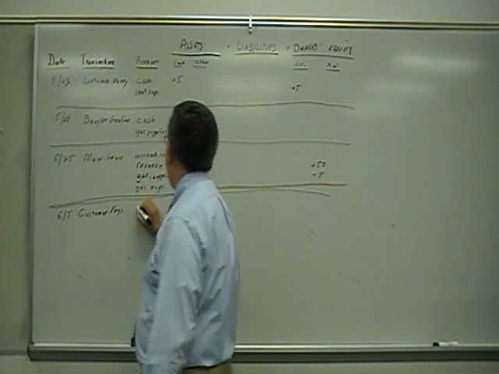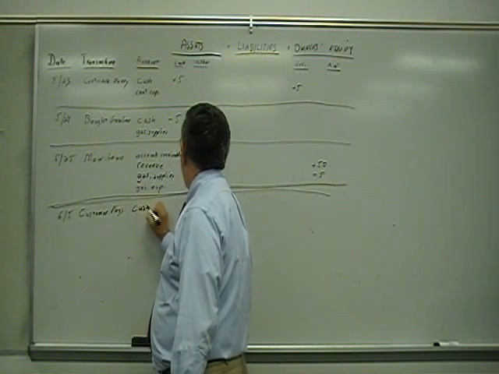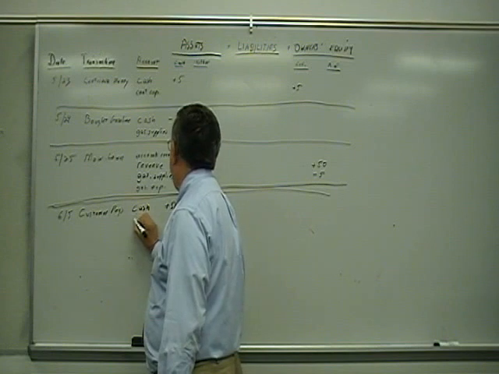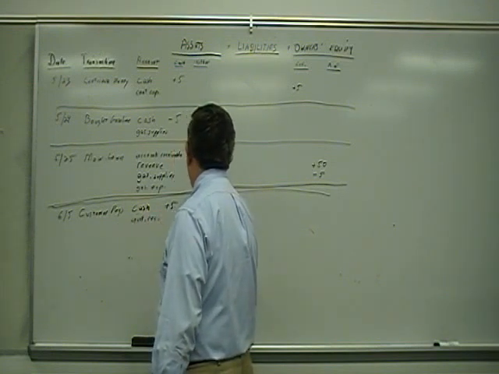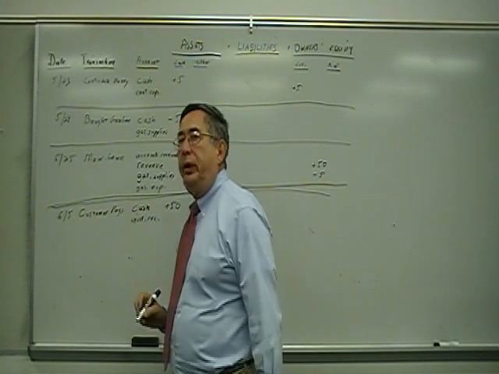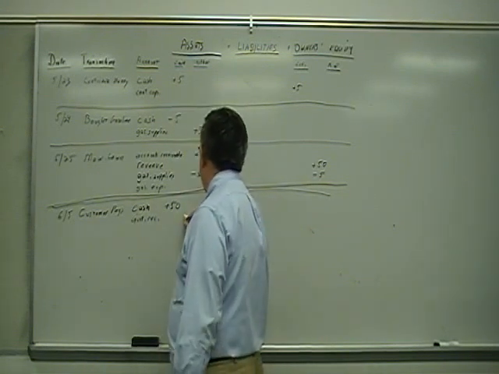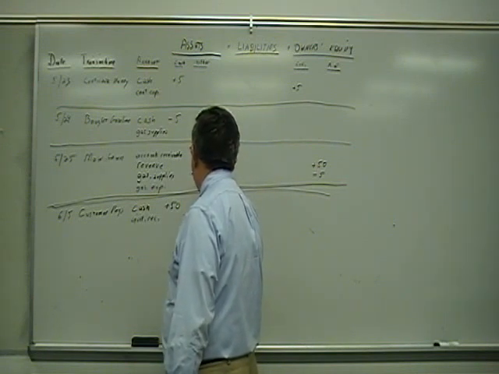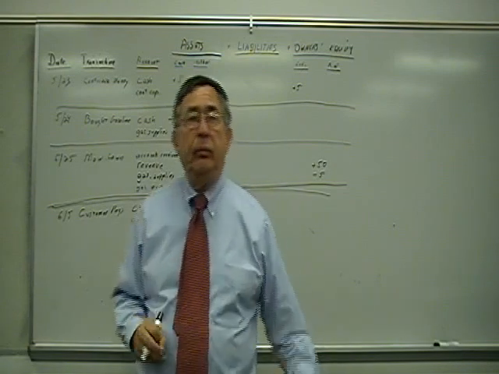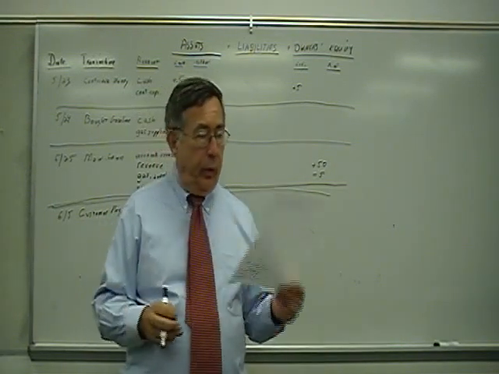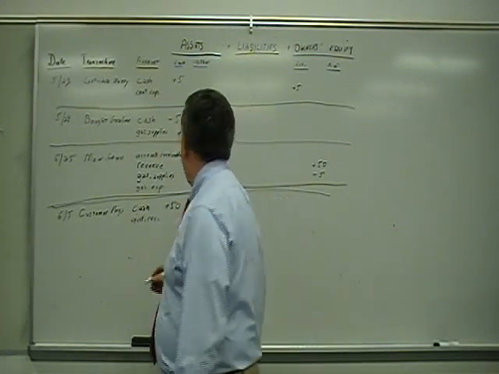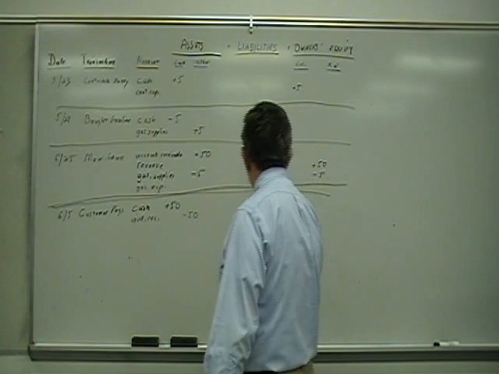So now we have cash increased by $50, and accounts receivable decreased by $50. And then, the next day we decide we hate mowing lawns, we want to go to the beach, and we close the business, and we're done. So, here's my question for you.